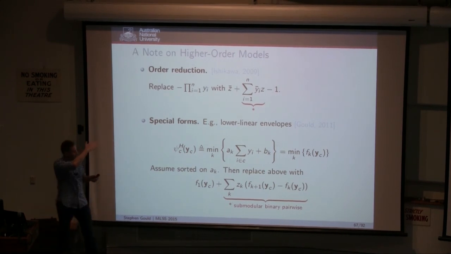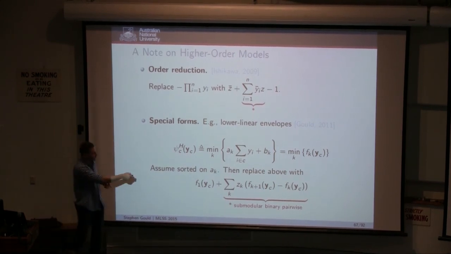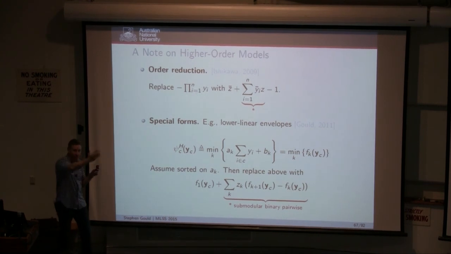Each member of this set is a linear function, and I'm taking the minimum of those, so I'm taking the lower envelope.